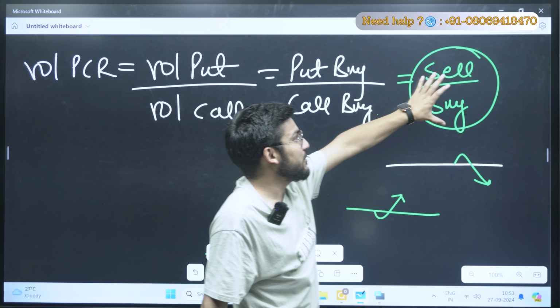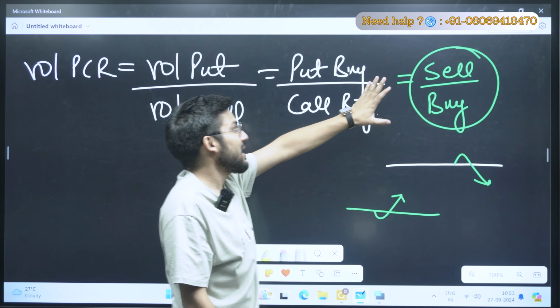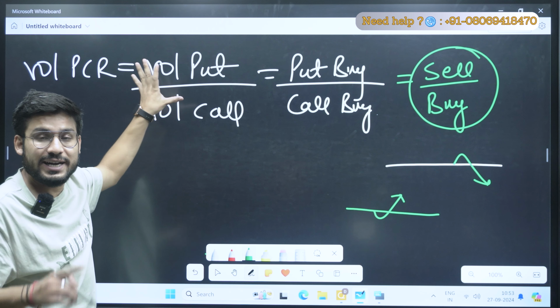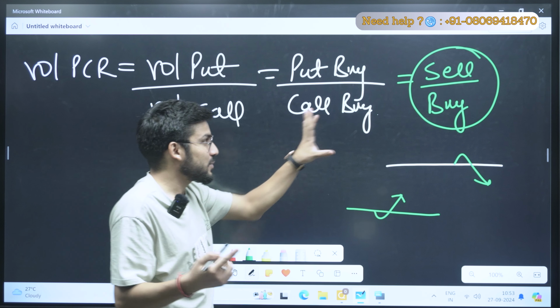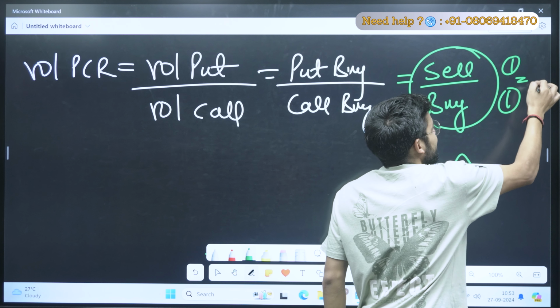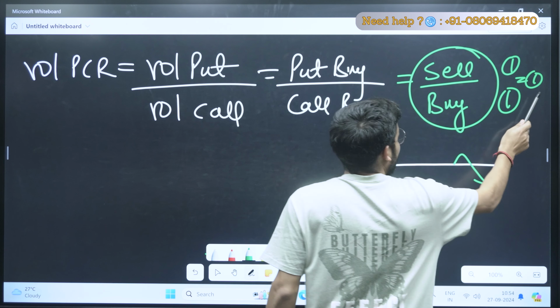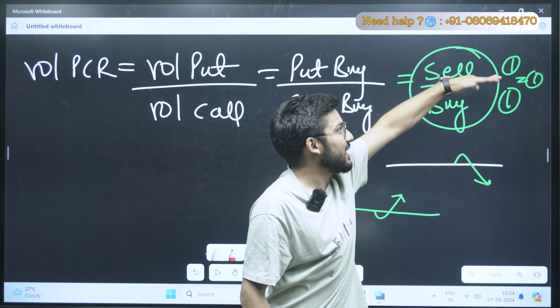Now at any point of time, if my sellers are greater than buyers, it means my volume PCR will be greater than 1. How? I'll tell you. For example, there is one buyer and one seller, so the ratio will be 1. The volume PCR will be 1 whenever there are equal buyers and equal sellers.